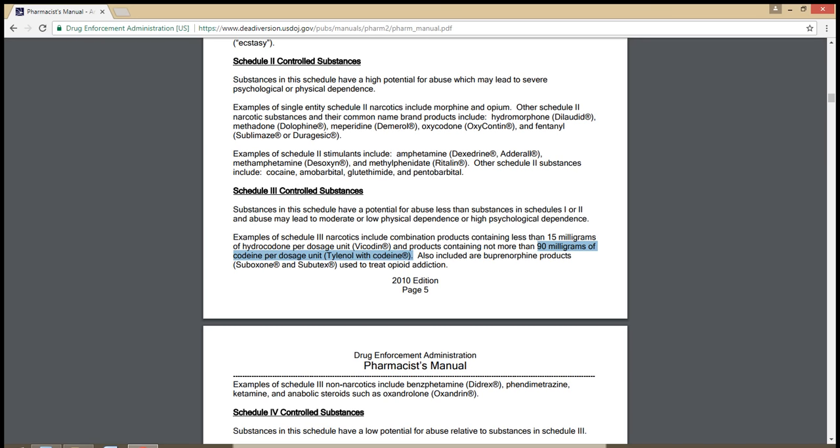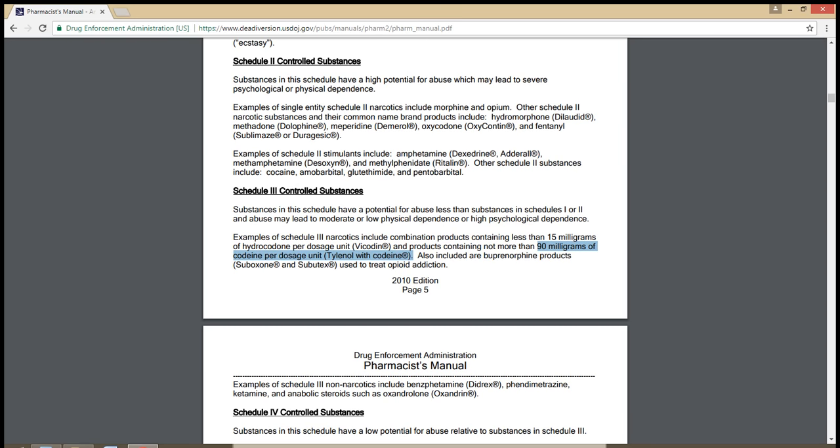Now, one thing that I want to mention here, if they want to trick you and they give you a product, so usually the questions are in the form like a product with 15 milligrams per 5 ml combination Tylenol with codeine, what schedule is that? So here I'm gonna open the calculator here, and you will want to do the math.